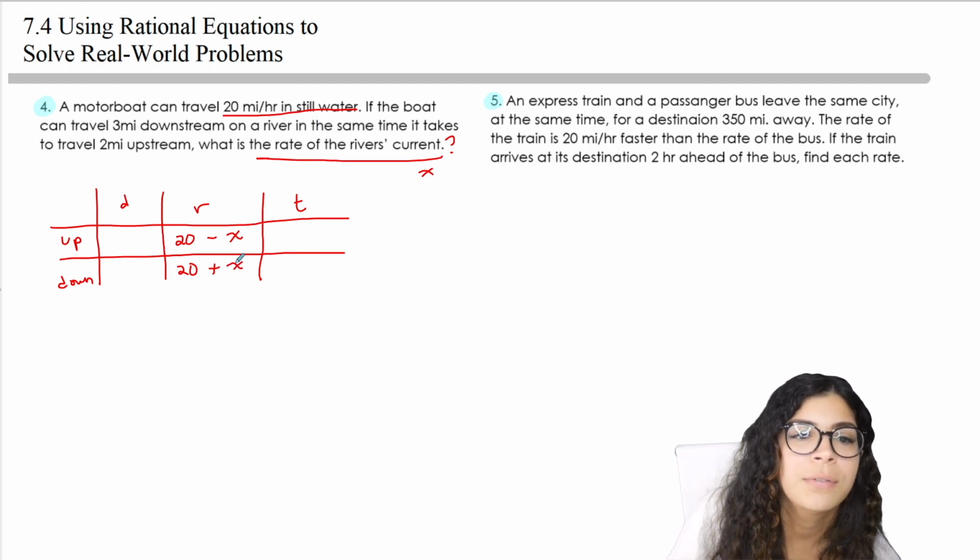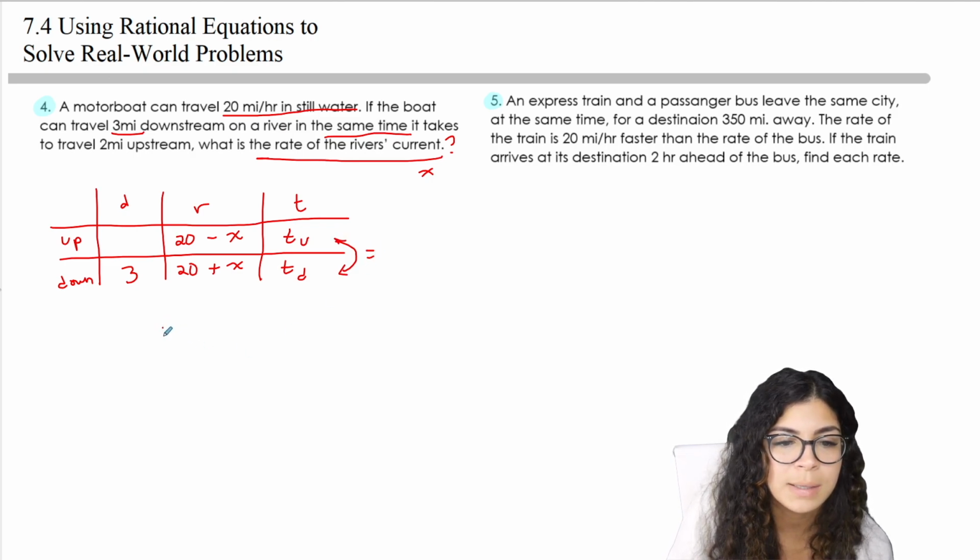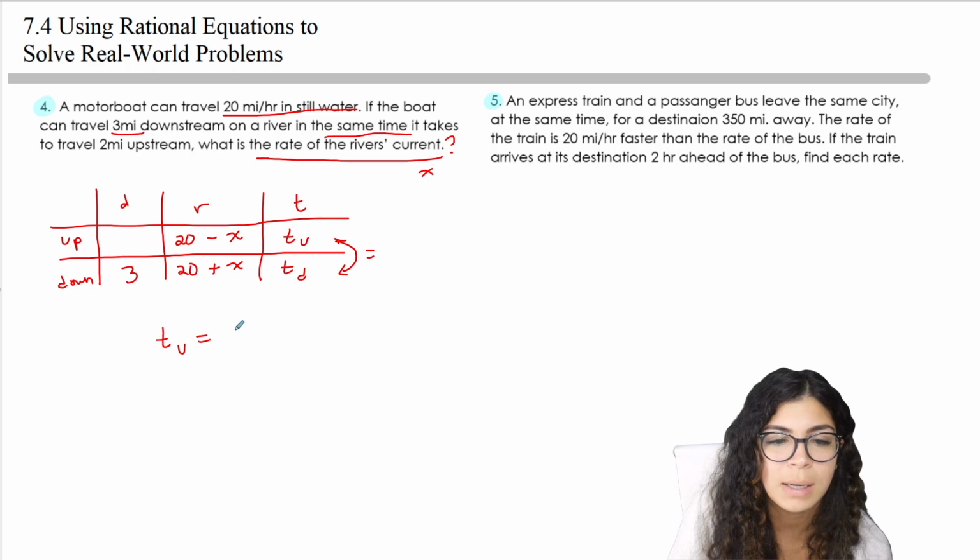Okay? Now, if the boat can travel 3 miles downstream, so you went 3 miles downstream, in the same time, so the time to go upstream and the time to go downstream is the same. These two are equal. So our equation here would be time upstream equals time downstream. And the distance to go upstream is 2 miles, okay?